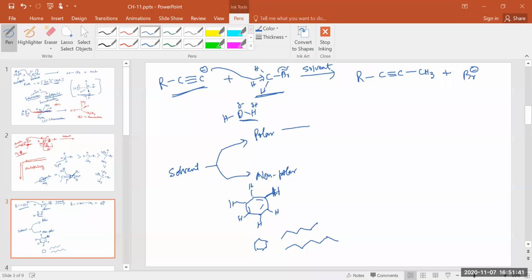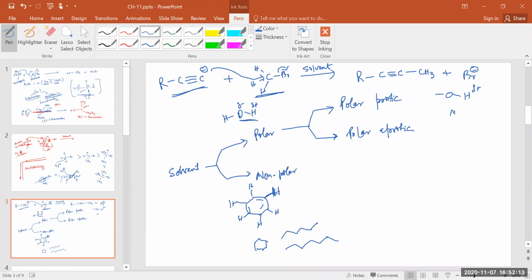In polar, there are two types: polar protic and polar aprotic. In a polar protic solvent, it means it has an H delta plus in the form of OH, mostly OH.